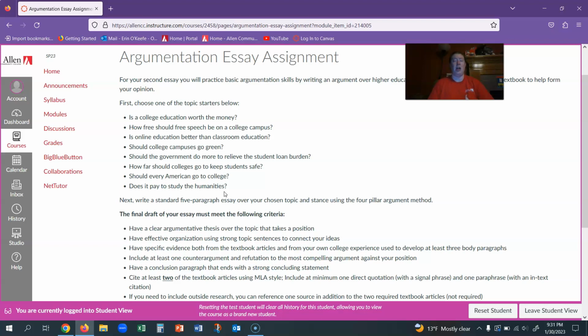The humanities are things that we consider soft skills type education: communication, sociology, anthropology, those types of classes that are not skill-based or tech-based.